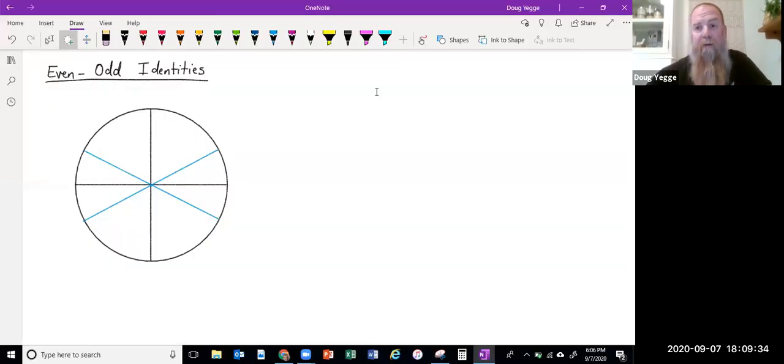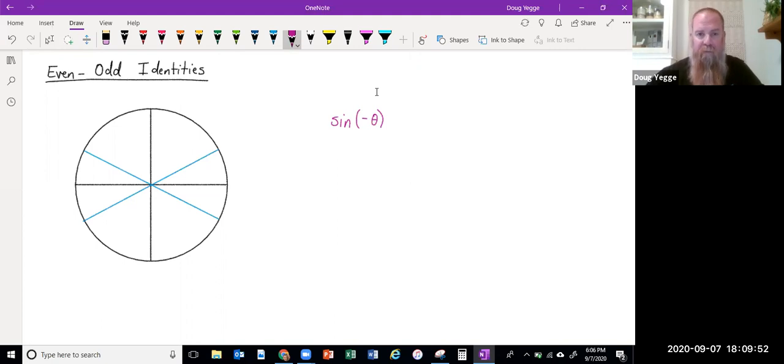Now, the last fundamental identities are referred to as the even-odd identities. Now, these are what are going to allow us to determine how to simplify the trigonometric functions of negative angles.